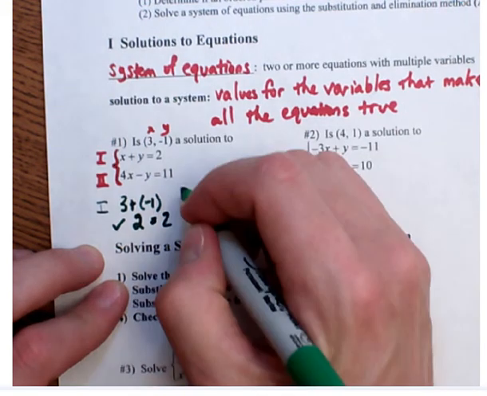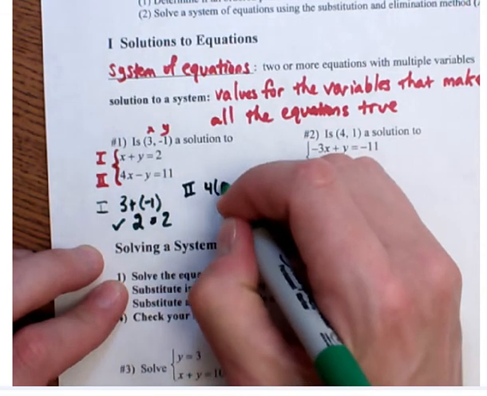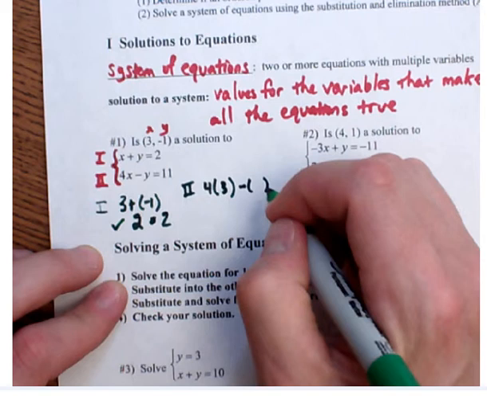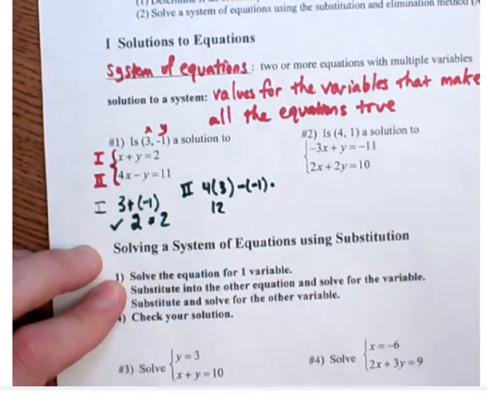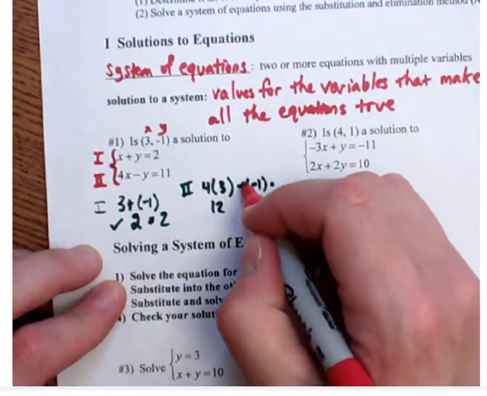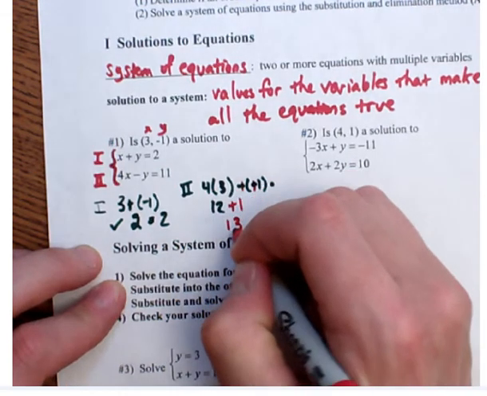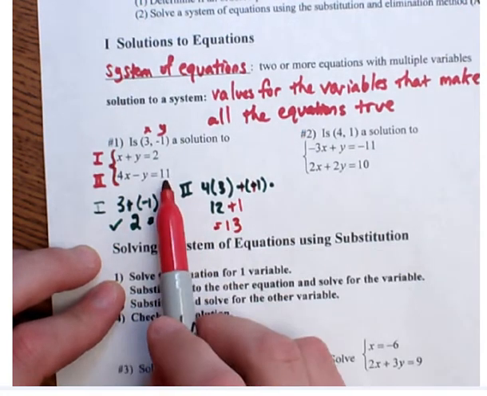How about equation 2? 4 times x, so 4 times 3, minus the y value, which is -1. So that's 12, and then minus a minus, those are both positive, so it's 12 + 1. Now that equals 13. The right-hand side of the equation, though, should be 11.